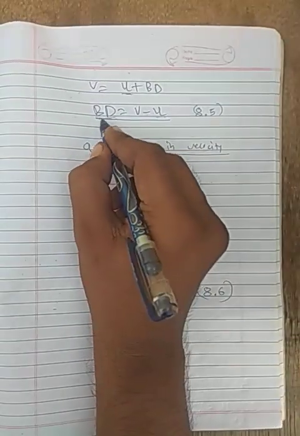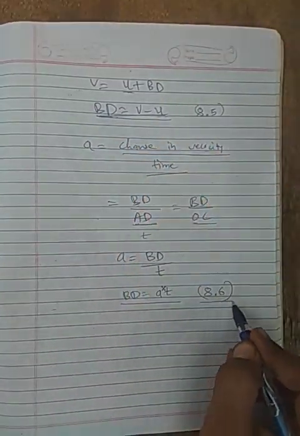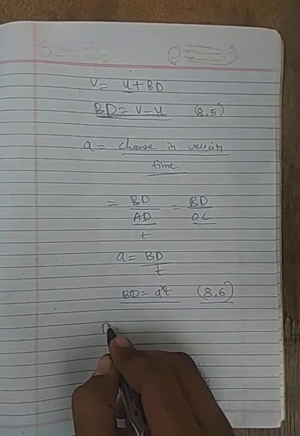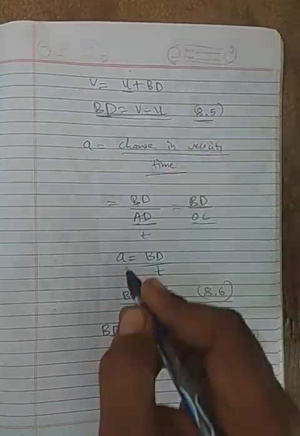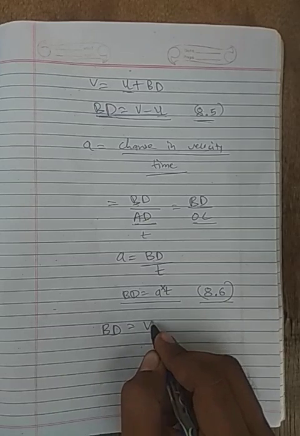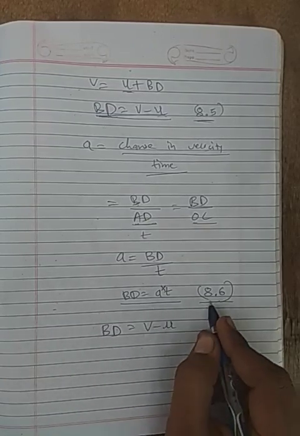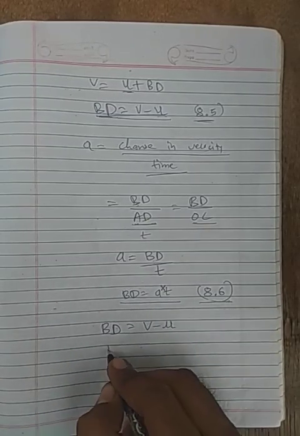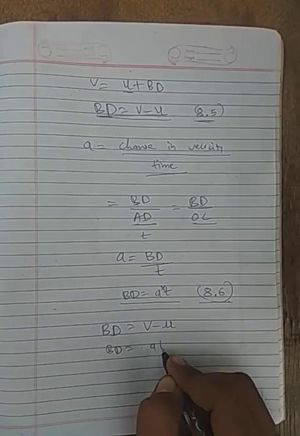Now if you put equation 8.5 and 8.6 together, 8.5 says BD is equal to V minus U, and 8.6 says BD is equal to AT.